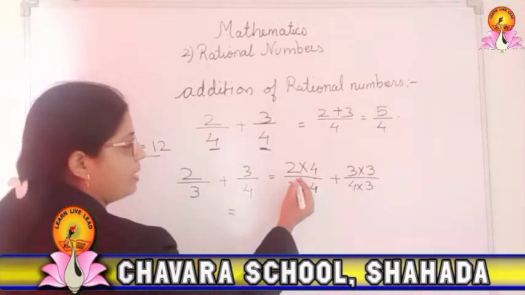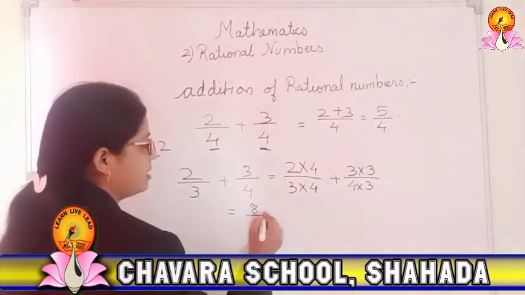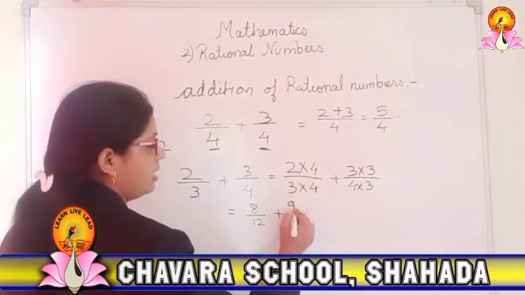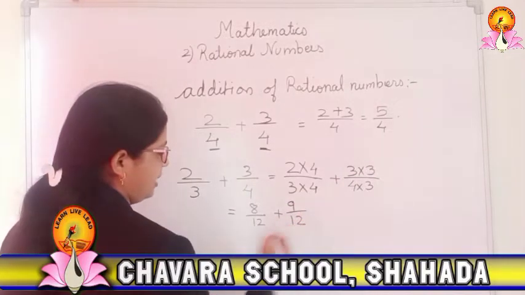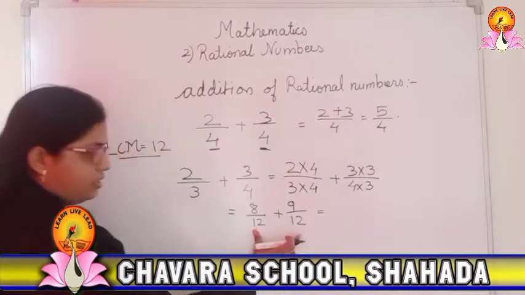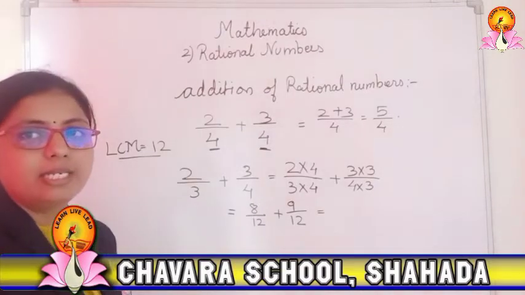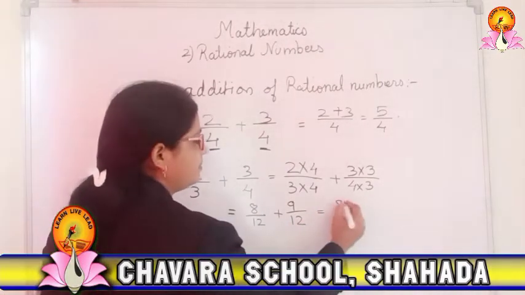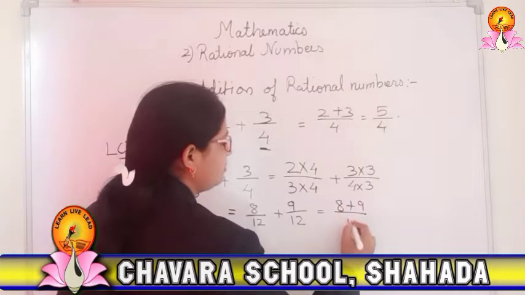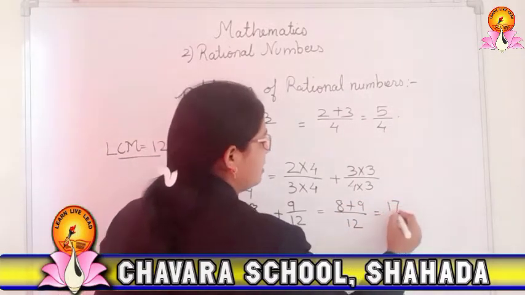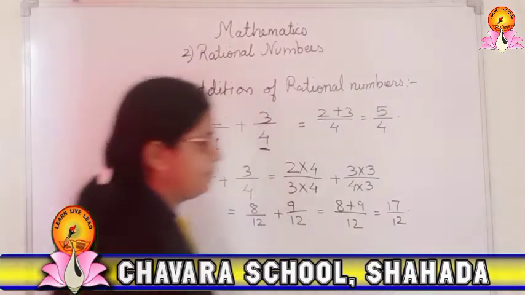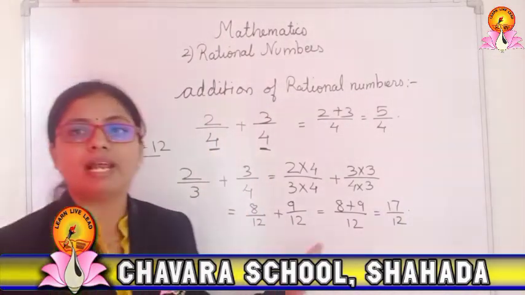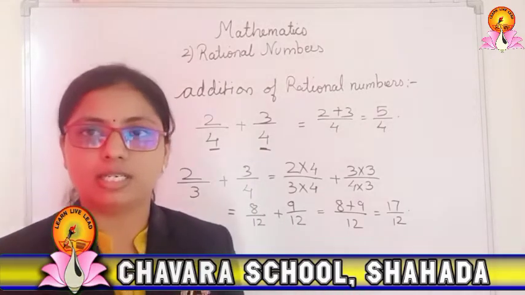Now 2 4s are 8 upon 12 plus 3 3s are 9 upon 12. Now do the addition because we got the denominators equal now. So the answer will be 17 upon 12. Okay. So in this way you can solve the example of addition of the rational numbers.